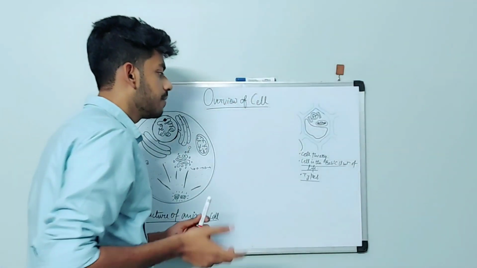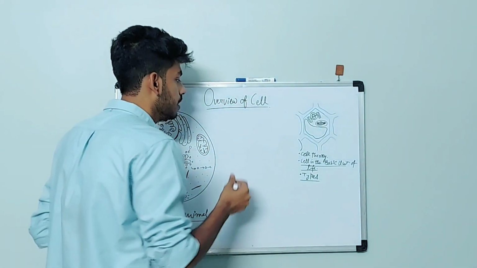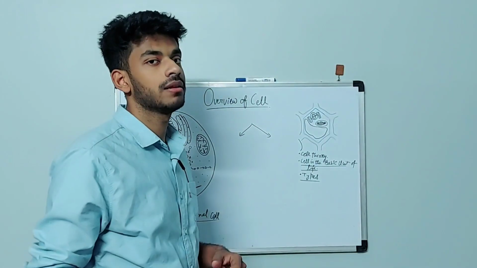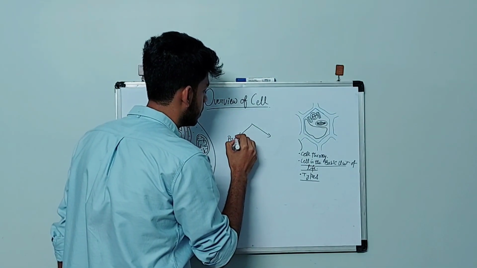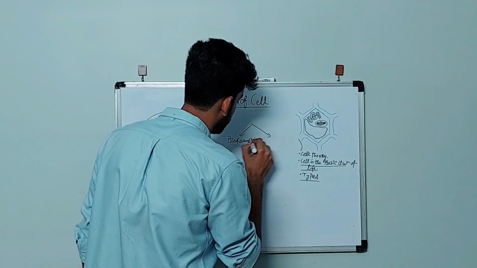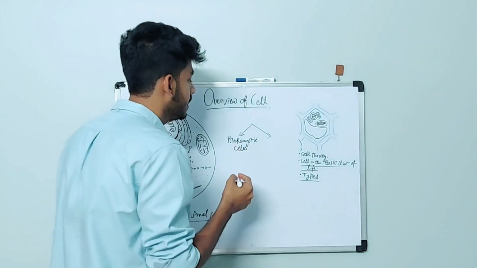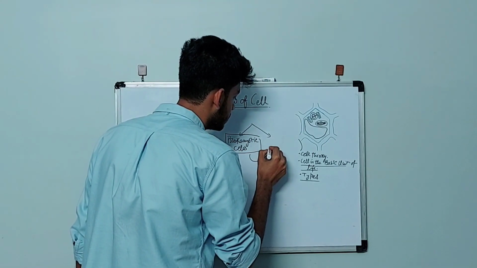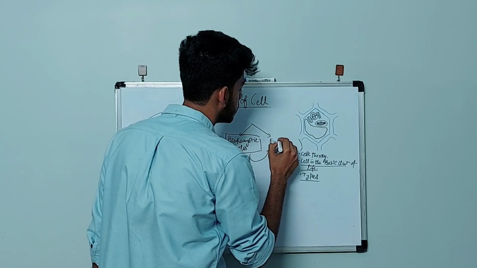From the perspective of evolution, we can categorize cells in two ways. The cells which came earlier in the process of evolution can be called prokaryotic cells, and the cells that gradually evolved from the prokaryotic cells to a newer version of cells are called eukaryotic cells.